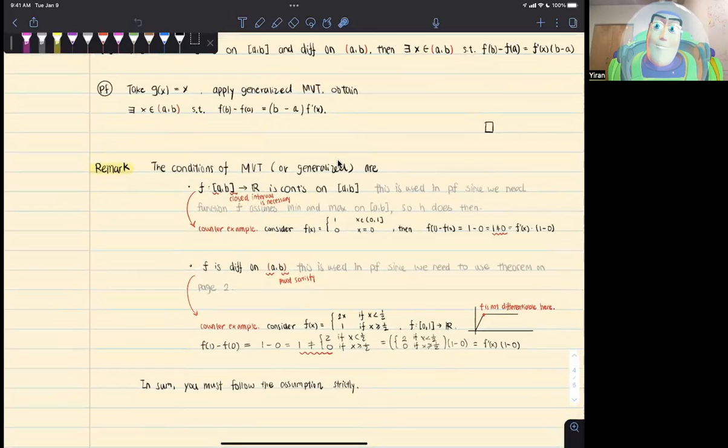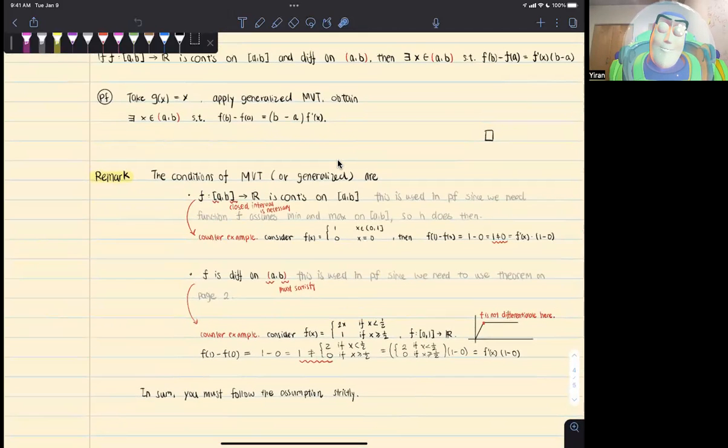So again, it's about the closed interval and open interval, and they are very important. It's very important that f is continuous on the closed interval AB, because in the proof of the generalized mean-value theorem, we actually use the continuity on a compact interval to obtain the existence of a minimum and maximum on this interval.